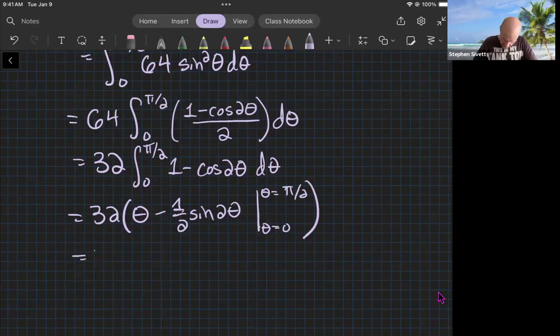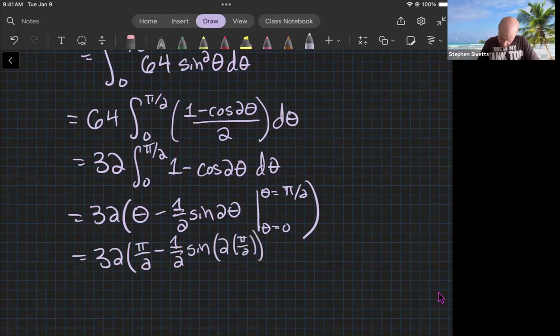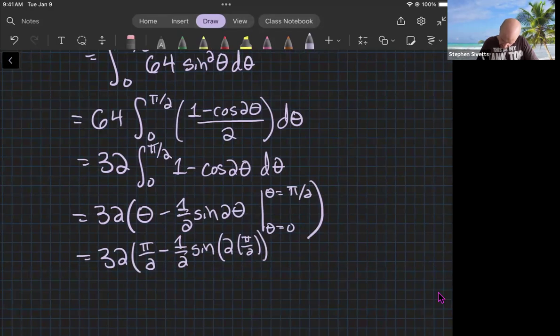And so this equals 32 times pi over 2 minus 1/2 times sine of 2 times pi over 2, and then in another parenthesis, minus 0 minus sine of 0, which is 0.